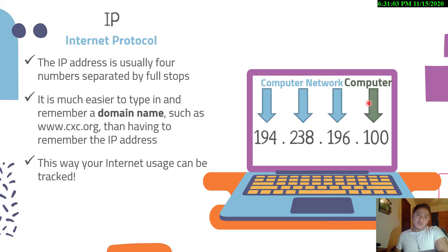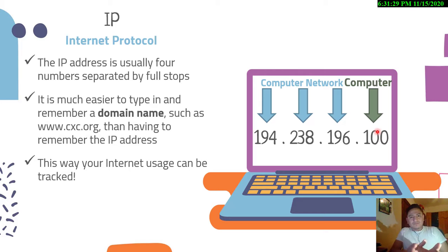So if you're using a device, maybe a tablet, a phone, or your laptop, your device has an IP address, an Internet Protocol. The first 3 numbers are the computer network, while the last number is identifying your device. Now this is very easy to understand.